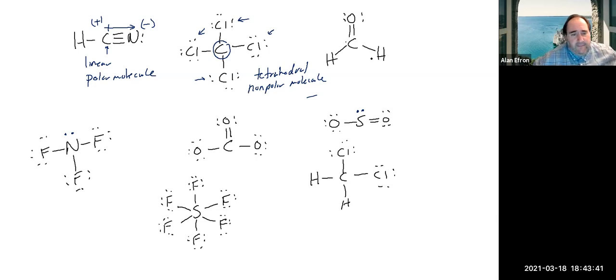Coming over to my guy on the right, I have a central atom, no dots, so maybe symmetrical. When I look on the outside, though, they are not all the same. This one, by the way, is trigonal planar in terms of the geometry, but it becomes a polar molecule because of that.